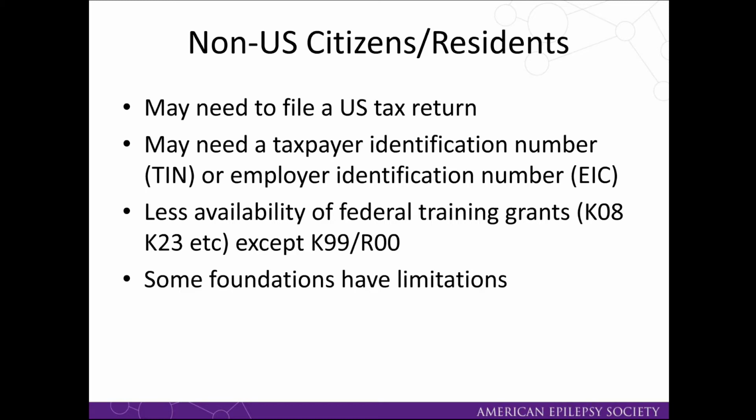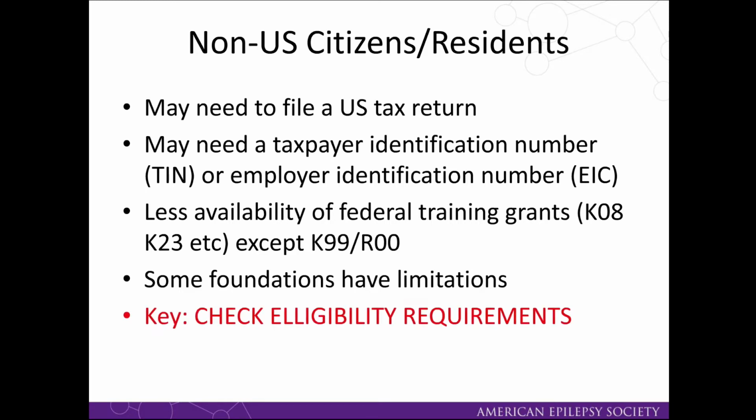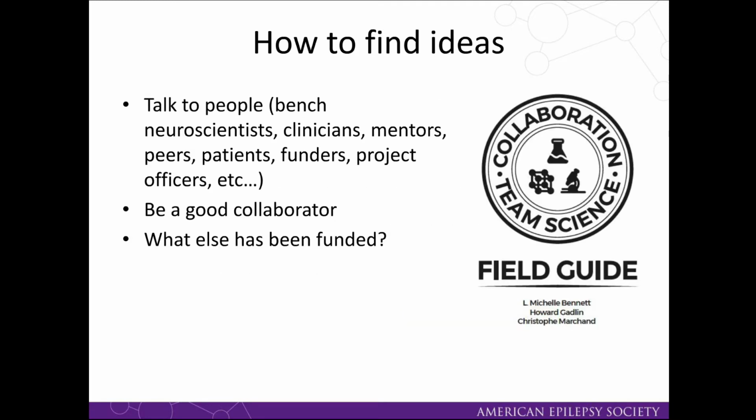One exception is that there's a grant mechanism called the K-99R00, affectionately called the kangaroo, and that one is less restricted. And some foundations have limitations too, depending. So the real key is that if you find a grant application that looks compelling to you and you're not a U.S. citizen, you really have to look very carefully at the requirements.